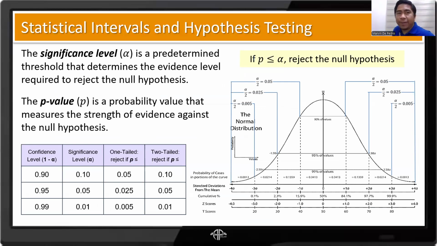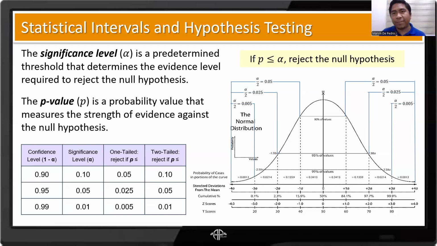So when we say significance level, we are referring to a predetermined threshold that determines the evidence level required to reject the null hypothesis. Somewhat like we are saying that out of all the possible outcomes, we are excluding this portion, so that we are saying our claim is true, except if it falls within this rejected portion.